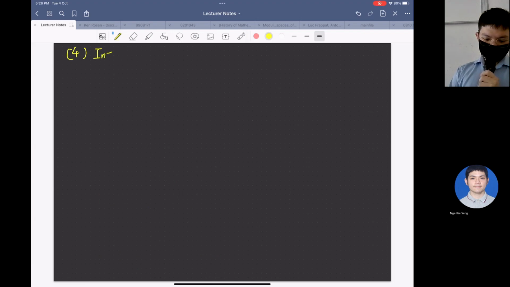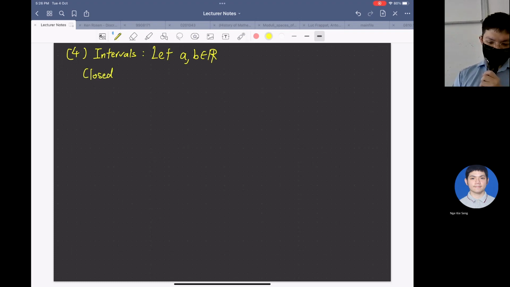These are intervals. Typically we look at the reals. In the reals we have closed intervals: the closed interval [a, b] equals the numbers that are greater than or equal to a and less than or equal to b.